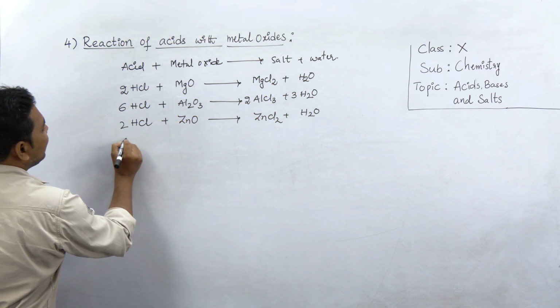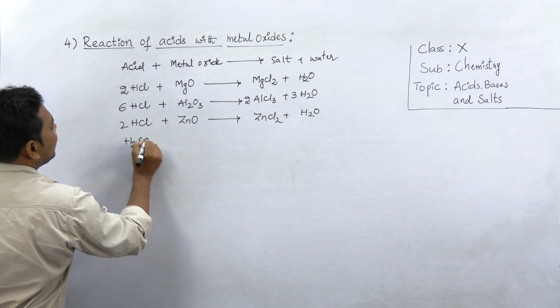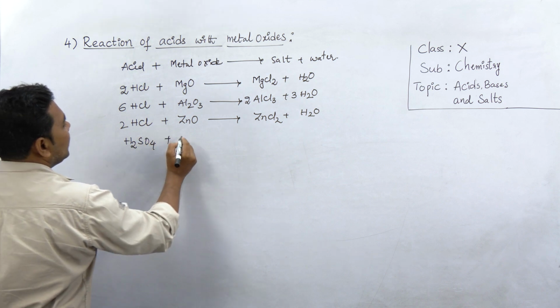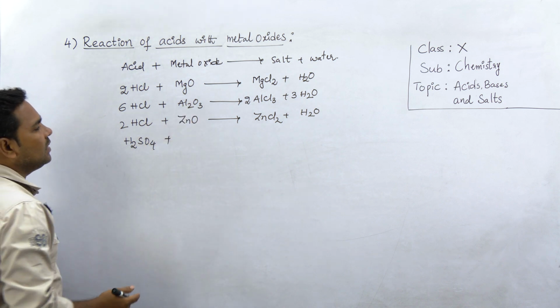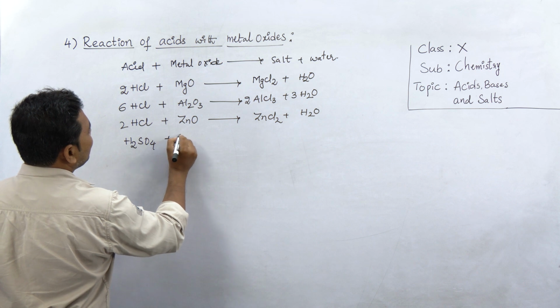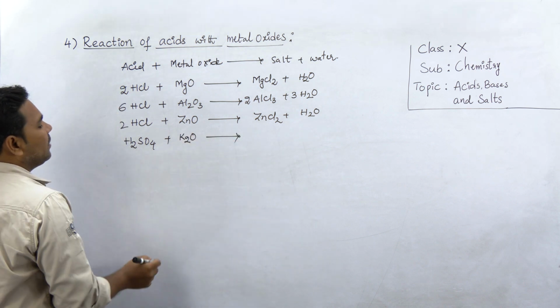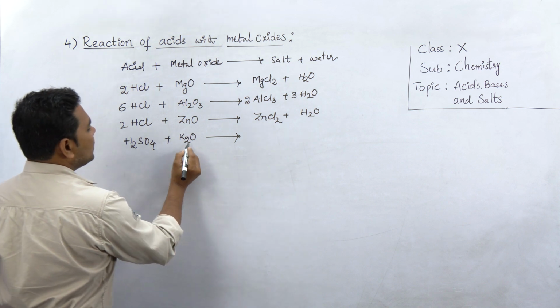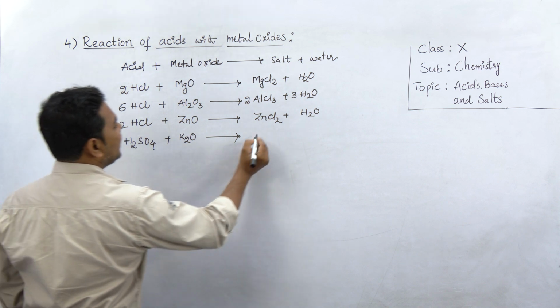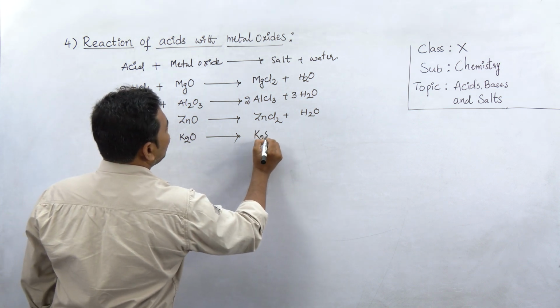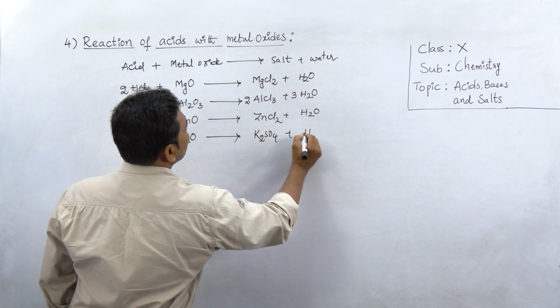Then if I take another acid, H2SO4, sulfuric acid, how does it react with the various metal oxides? Let me take for example potassium oxide, K2O. K plus 1, O minus 2. Then it produces salt, potassium and sulfate. We get K2SO4, potassium sulfate, plus water.